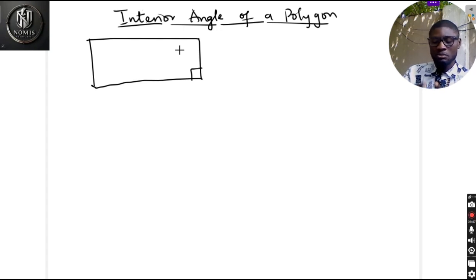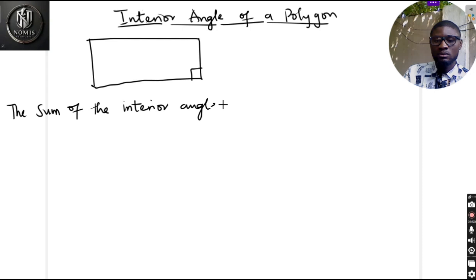The relationship states, let's state it down, that the sum of the interior angles is equal to 180 multiplied by 2 subtracted from the number of sides.